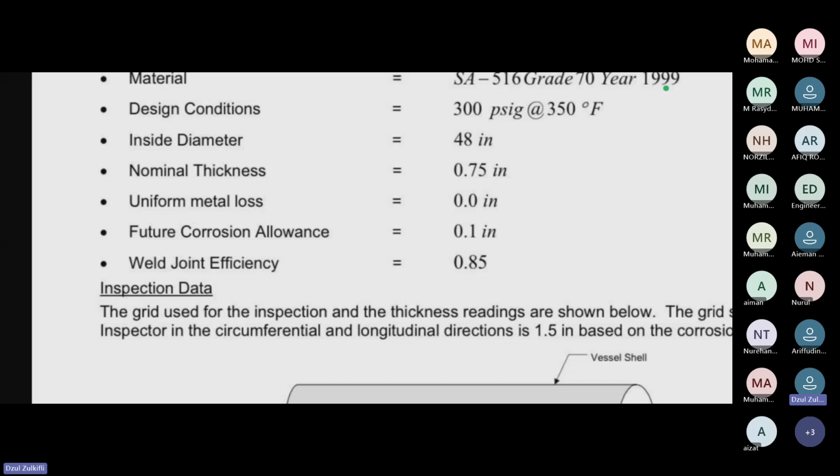So, if I give an example here, the example is 0.1 inch. So maybe what's happening here is, let's say, the corrosion rate is 0.02 inch per year, and say it cannot be repaired in 5 years. So 0.02 times 5 years is 0.1 inch. They need 0.1 inch to safely operate. Right? You can put your own future corrosion allowance based on what you need for your business.